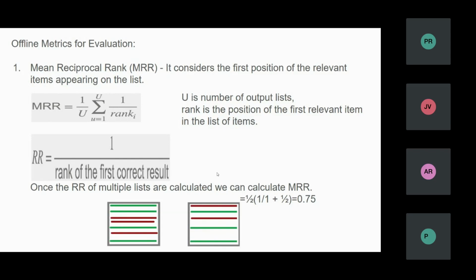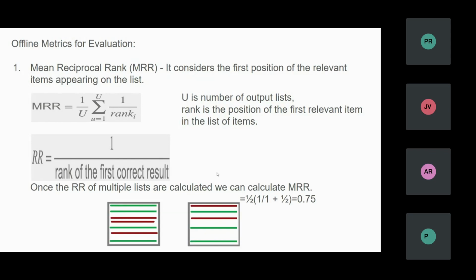So the first offline metric for evaluation is MRR, or mean reciprocal rank. Mean reciprocal rank considers the first position of the relevant item appearing in the list. You can see the formula of MRR, where U is the number of lists and rank is the position of the first relevant item appearing in the list.